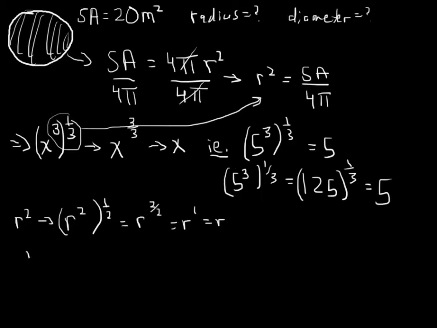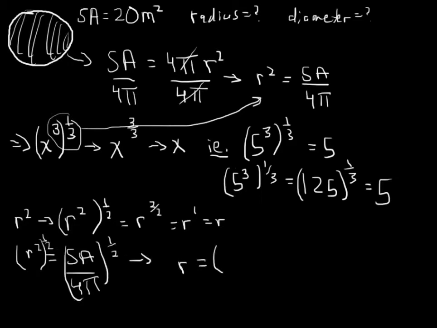So we do that to both sides. r squared is equal to the surface area over 4 pi. We take both sides to the power of 1 over 2. That leaves us with r is equal to the surface area over 4 pi, to the power of 1 over 2.